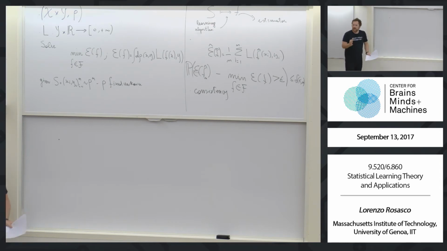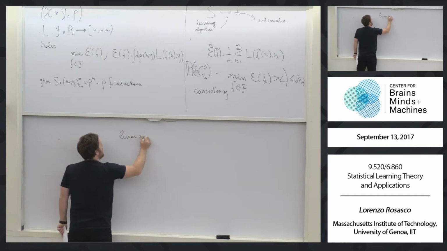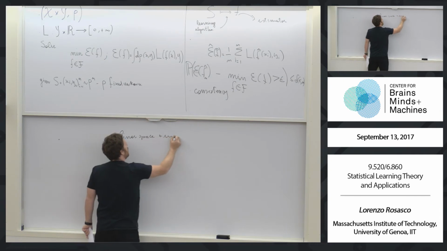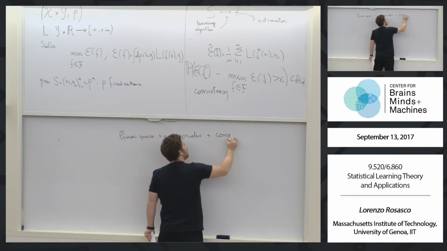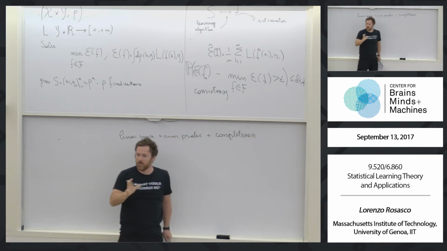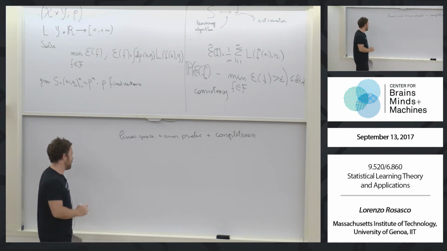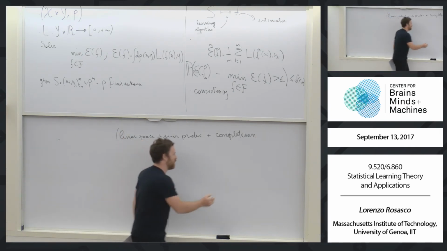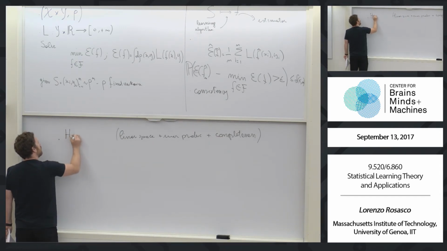The name we give to a space with this property, a linear space plus inner product plus completeness, this property that Cauchy sequences converge, which ensures that things stay in the space. Again, for those of you who were here yesterday, we spent a bunch of time on it. For others, you might want to look at the first line of the definition of what we call a Hilbert space.